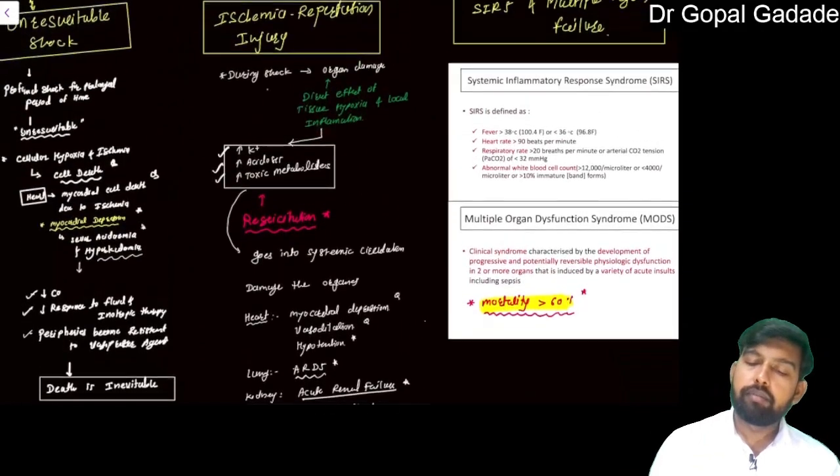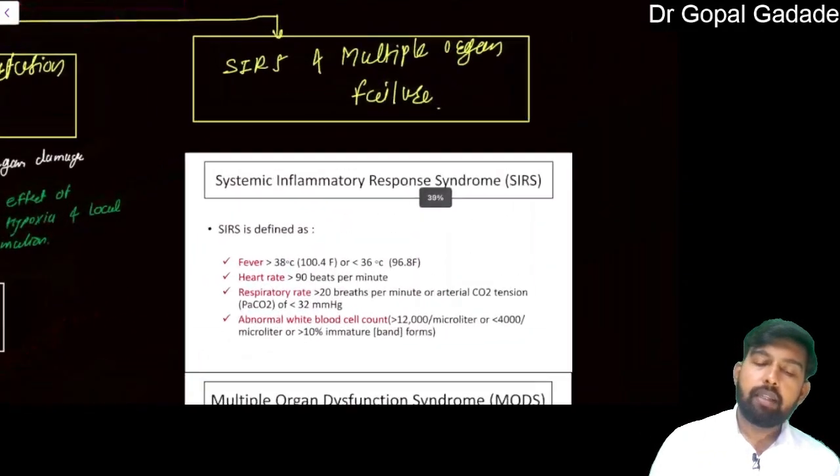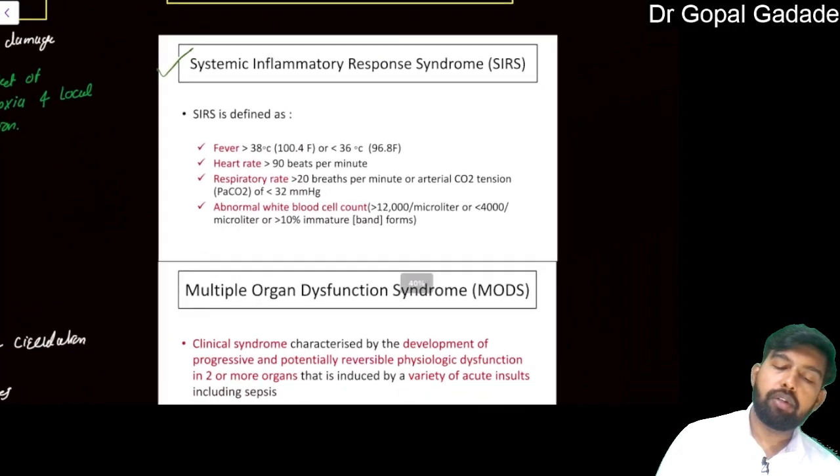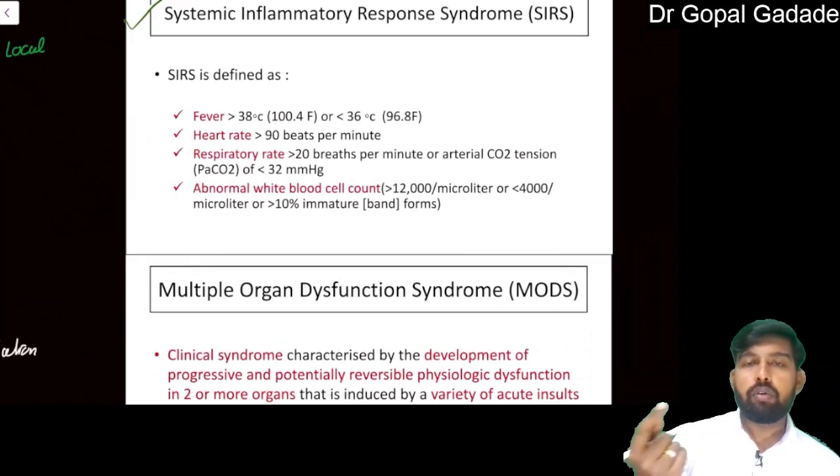The next effect can be systemic inflammatory response syndrome and multiple organ failure. So what is systemic inflammatory response syndrome? It is the body's own response to the shock.